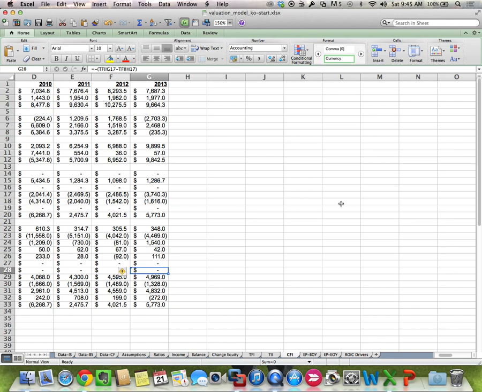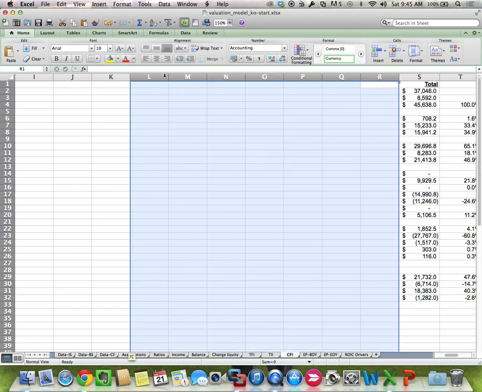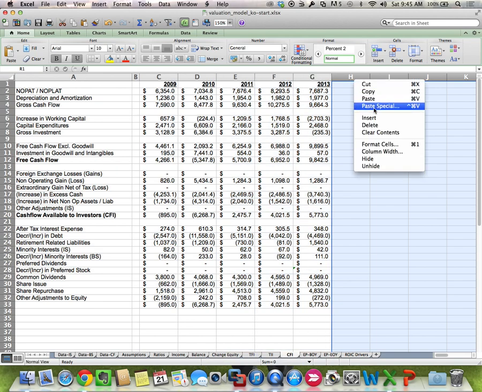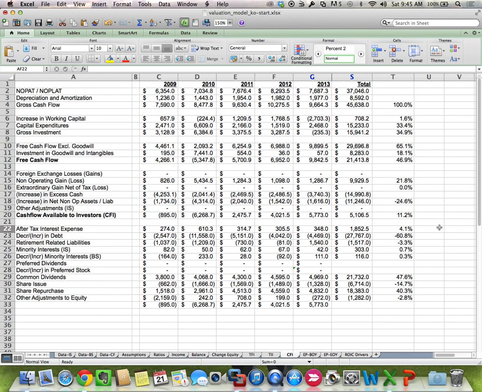It's not an error because all these blank spaces are eventually going to be the forecast that we're going to stick in here in the middle. Okay? But for purposes of doing analysis, well, once we stick it in there, I'm going to hide, don't delete, but hide these columns. And then I'll put that total next to it. So that basically this total sums the historical 5 years. Right? So that'll give us a sense of what's happening in the past of Coke based on their CFI.